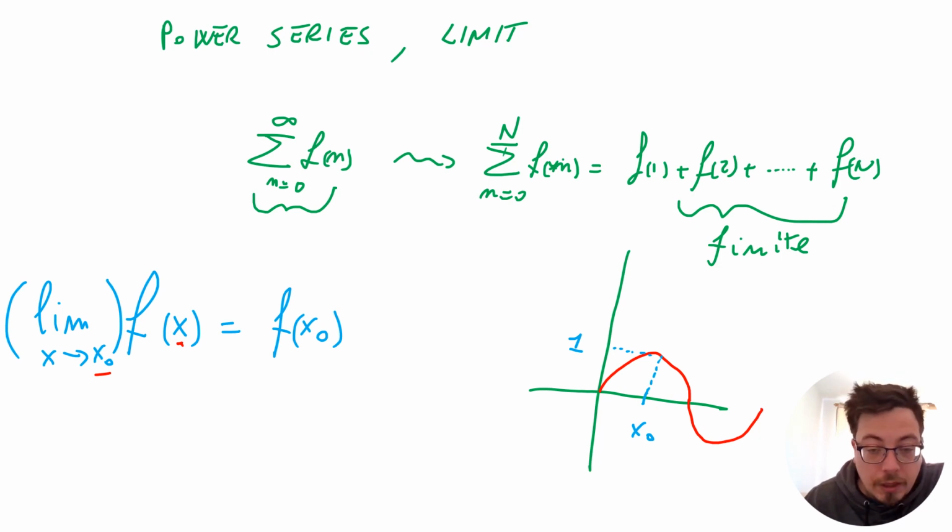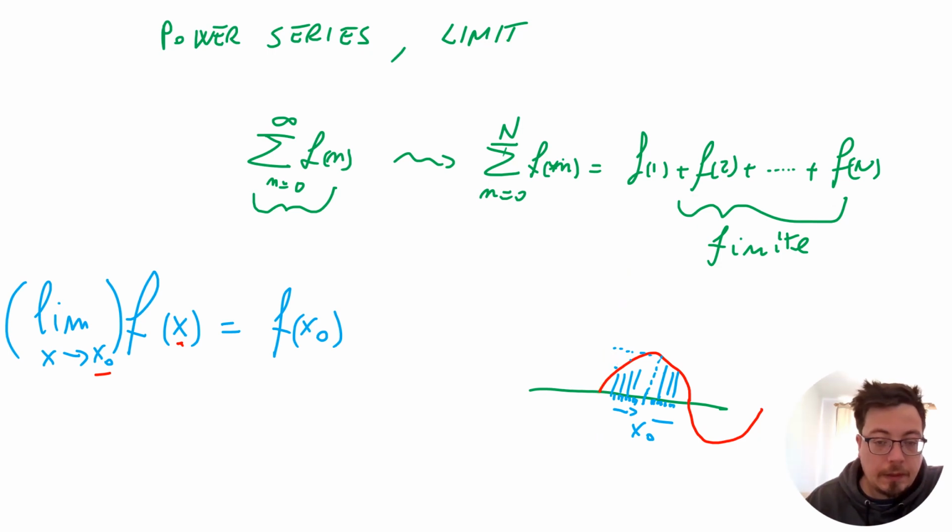So the limit means that if we move away from x0, we are collecting numbers that are around 1, but not quite, right? But as you can see, the more you move towards x0, let me do a bigger picture.